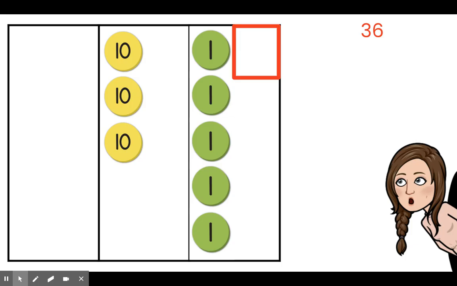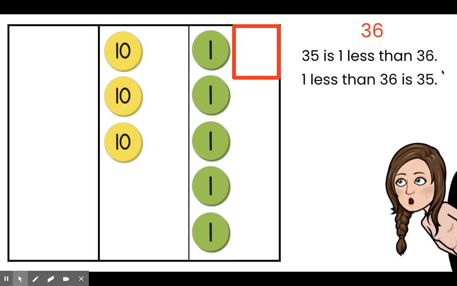Let's use a sentence frame to describe taking away 1 from 36. We could say 35 is 1 less than 36. We could also say 1 less than 36 is 35. Both of these statements are true.